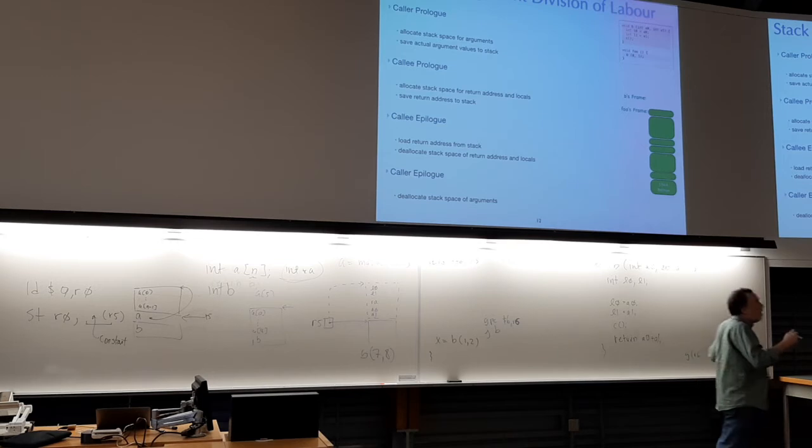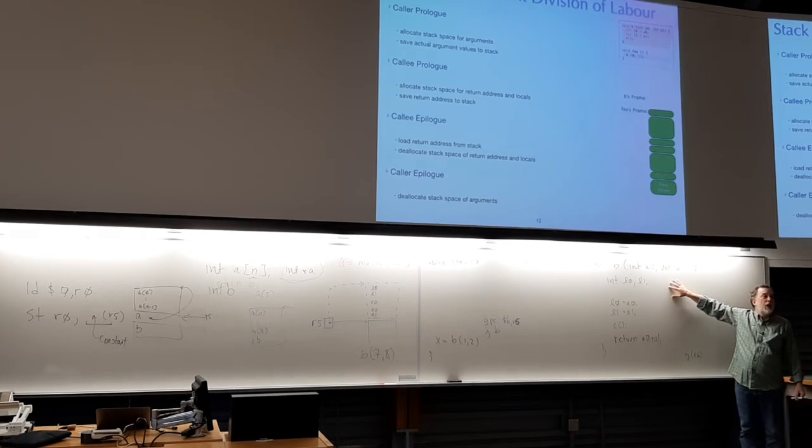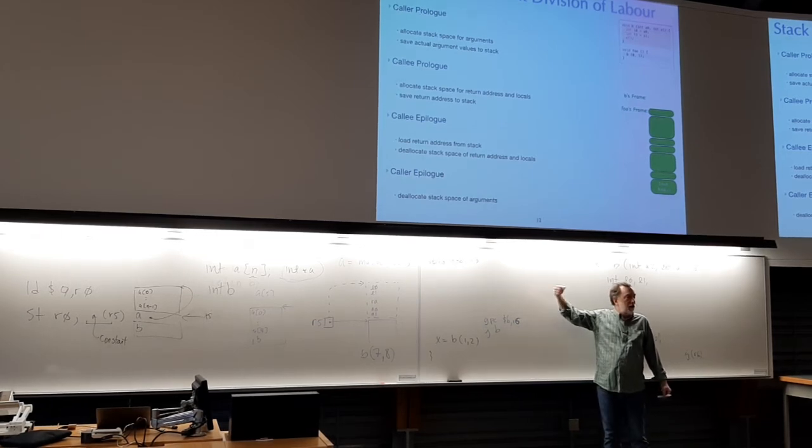So the initial value of the arguments is not determined by the procedure, which we're going to call the callee. It's determined by the particular call, the caller. Does this make sense? So a part of this business of allocating the activation frame has to happen here.